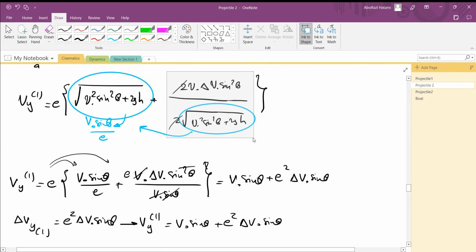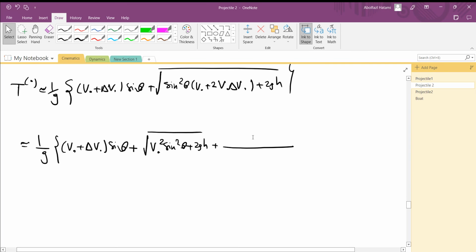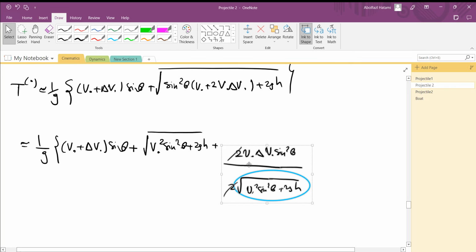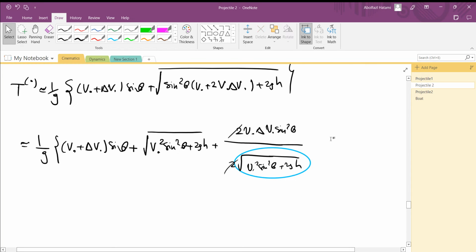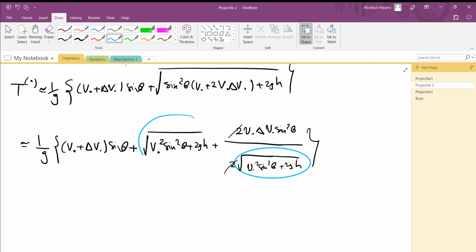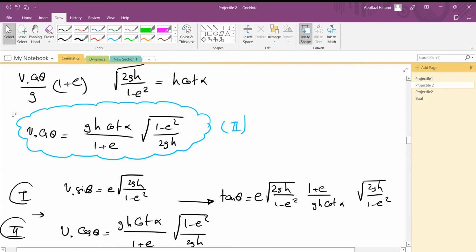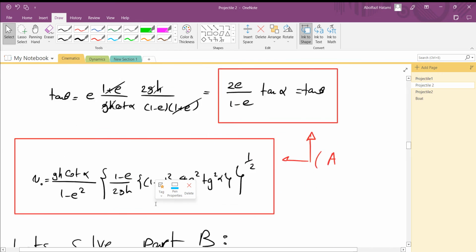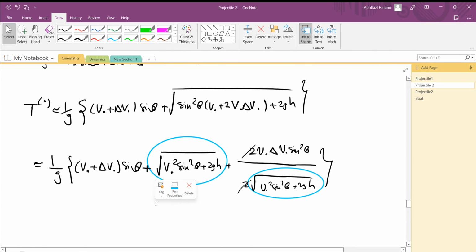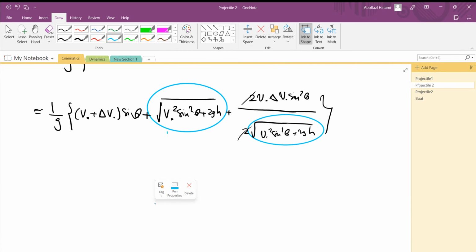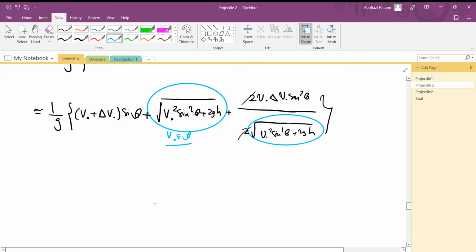Let me copy this and paste it here, which we said that if we substitute V0 sine of theta, which we obtained here, we can understand that we are going to have just V0 sine theta over E.